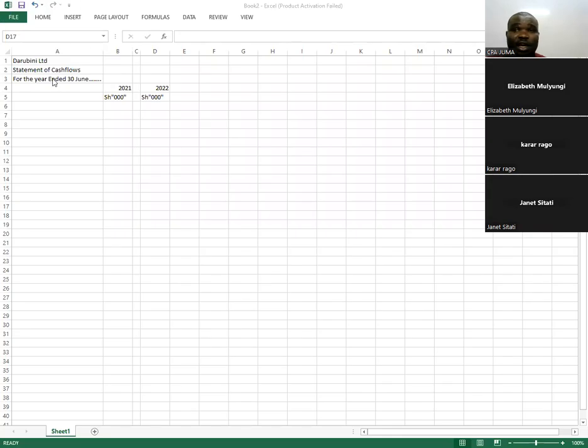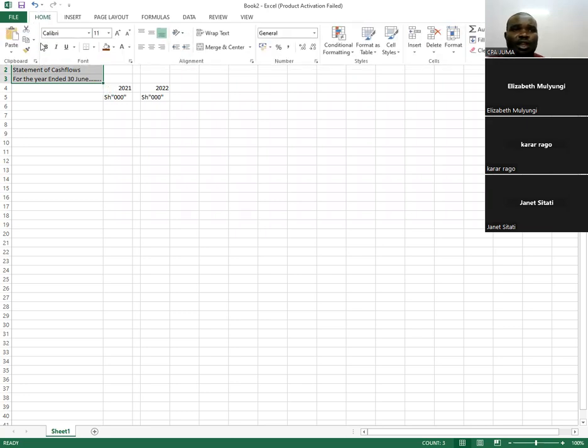There's my Excel sheet. I had just written the heading, which is the name of the company. Are you able to see this? Yes, yes. Okay, thank you.